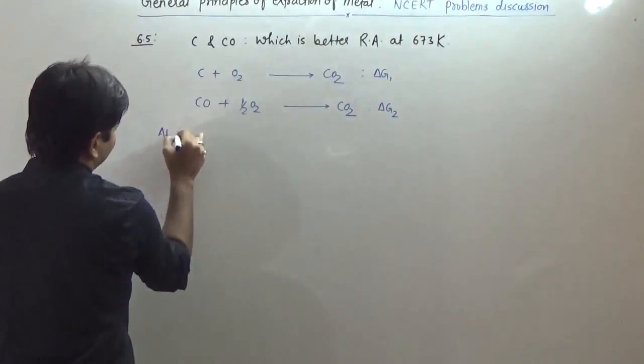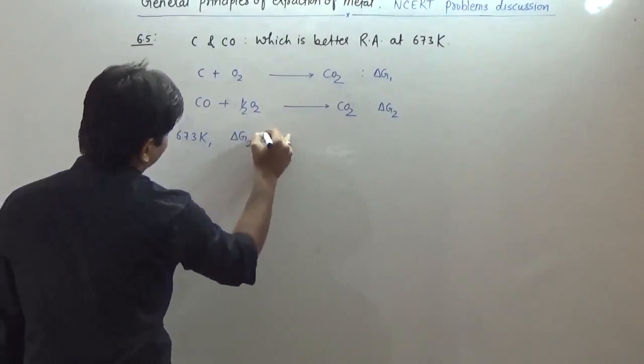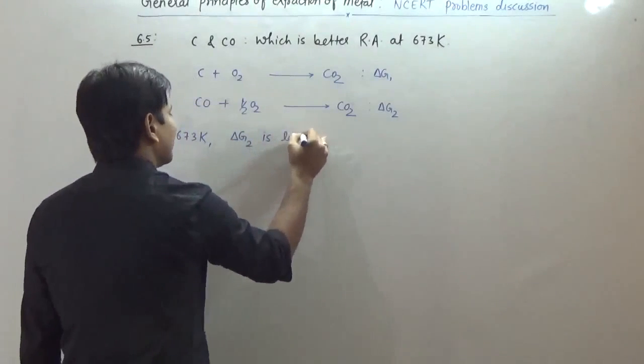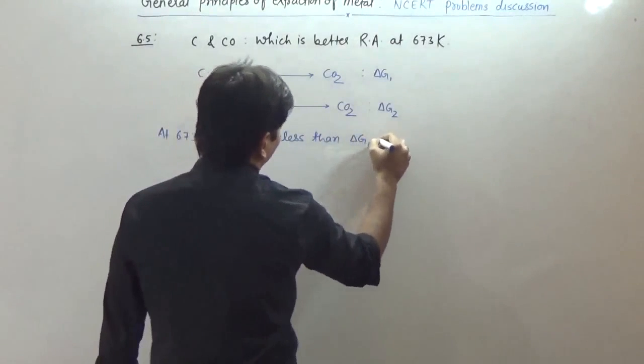At 673 Kelvin, delta G2 is less than delta G1.